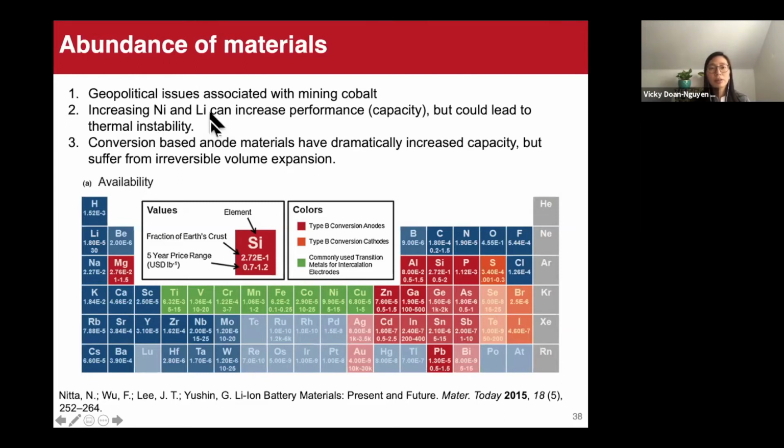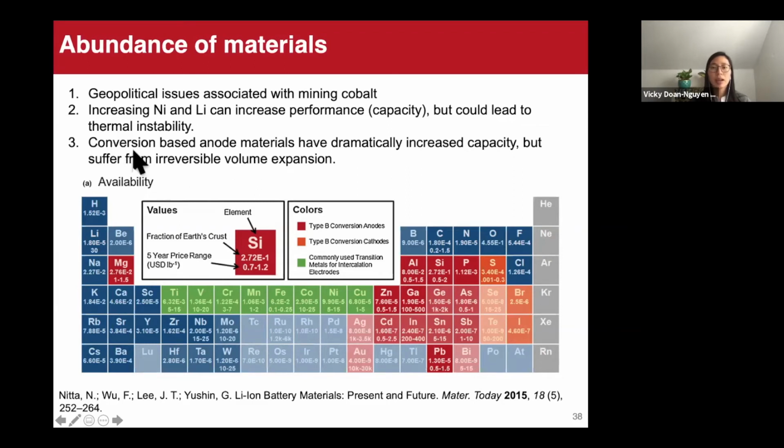So indeed, increasing nickel and lithium content can increase performance, but it could lead to thermal instability. You could also see here that lithium is quite costly relative to something that's more abundant, like sodium, but that's another discussion beyond the scope of this course.